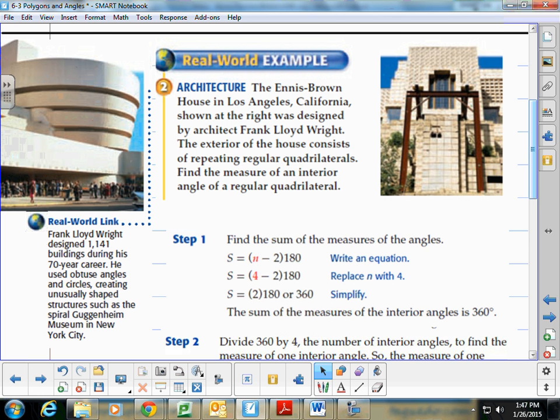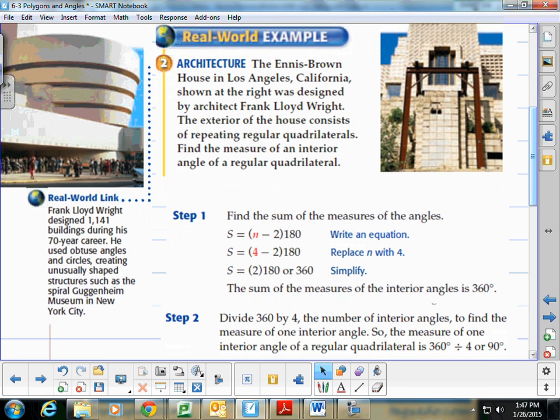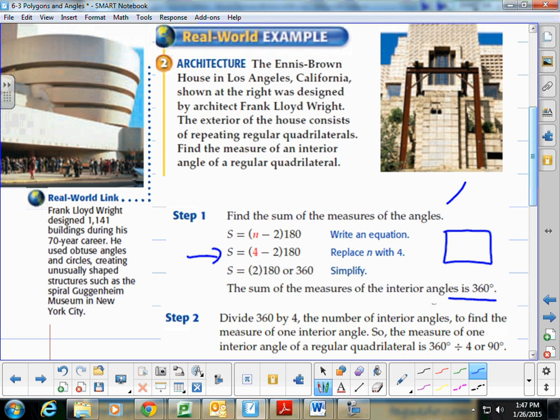Step 1 is we use that formula. Quadrilateral means 4, so we replace it here, and we find out that quadrilaterals have 360 degrees in total. Whether the quadrilateral is shaped like this, or it's misshaped like this, all of these angles added together will be 360.